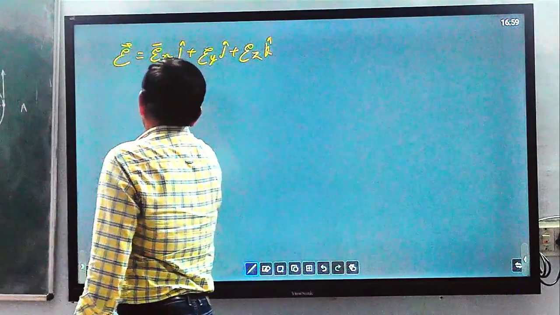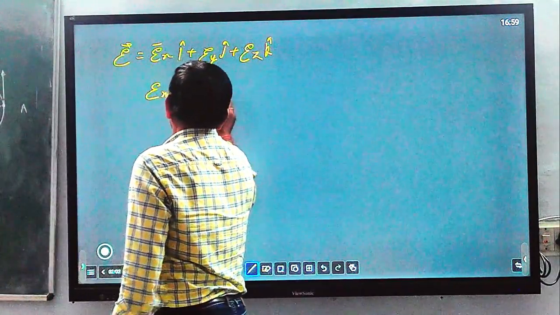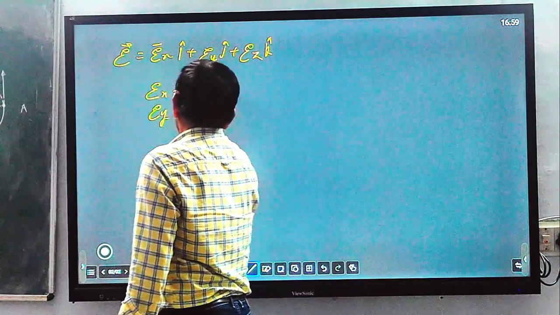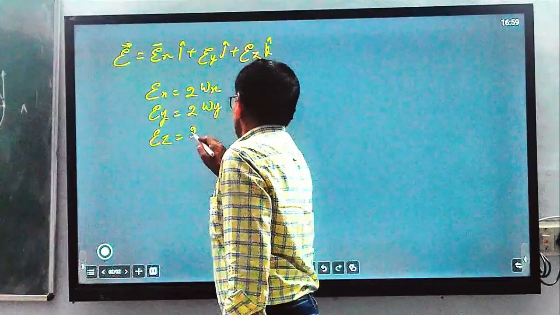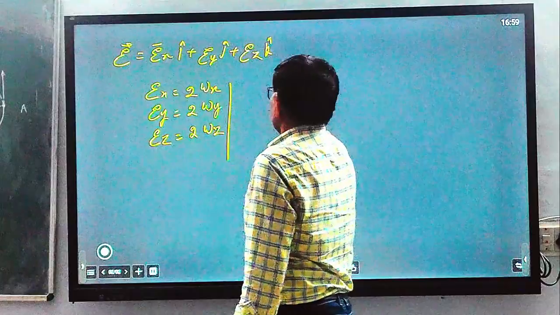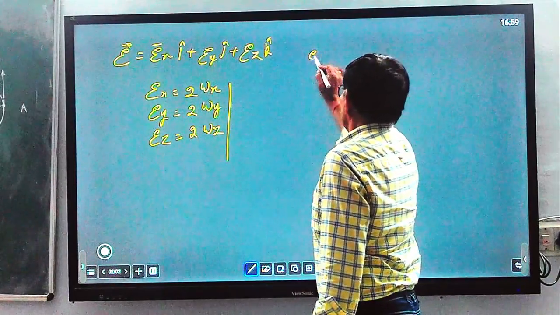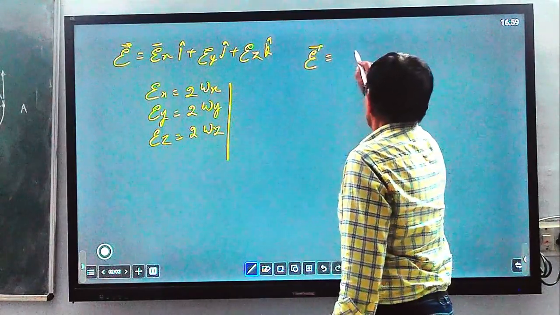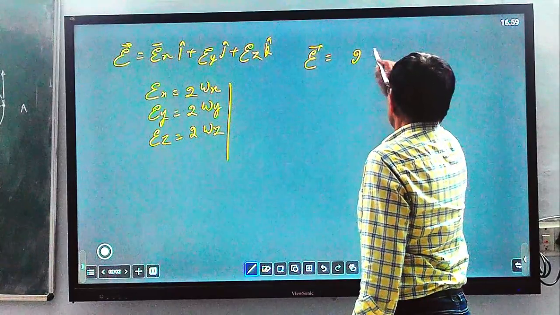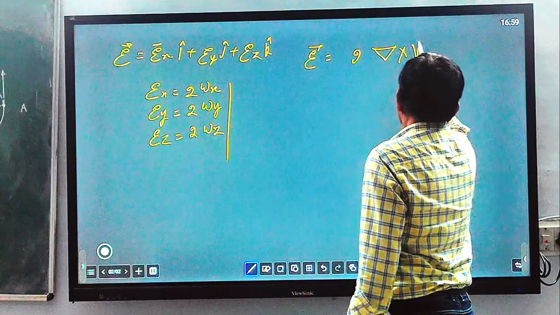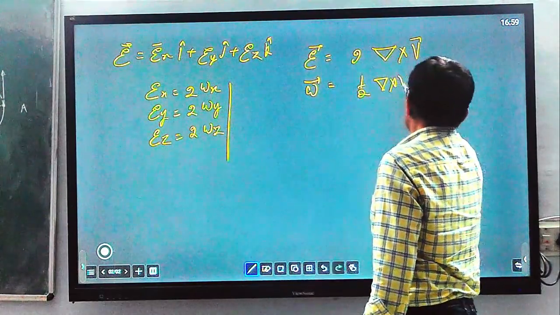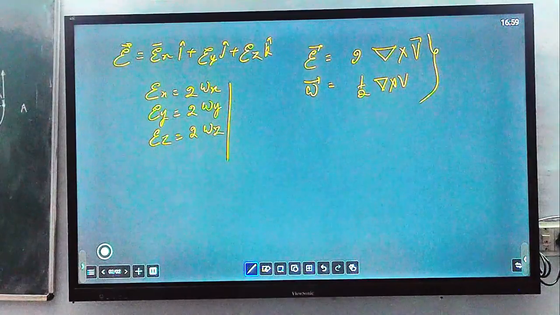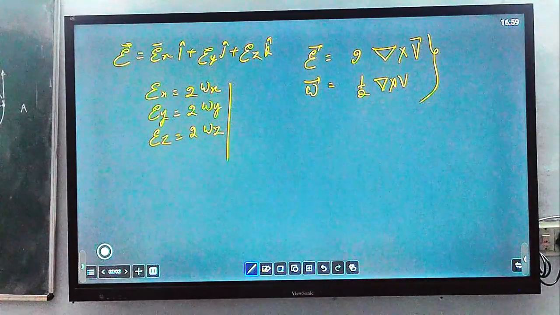Here xi x equals 2 omega x, xi y equals 2 omega y, and xi z equals 2 omega z. Means xi vector equals curl V, while omega vector equals 1 by 2 curl V. So this is the relation between rotation and vorticity.